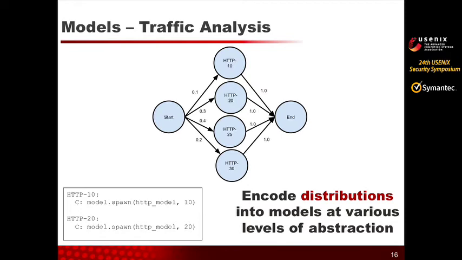In this particular case, we can control the number of concurrent TCP sessions that are running HTTP. By encoding that distribution directly into the model itself, we get this nice traffic analysis resistant feature that we can use.